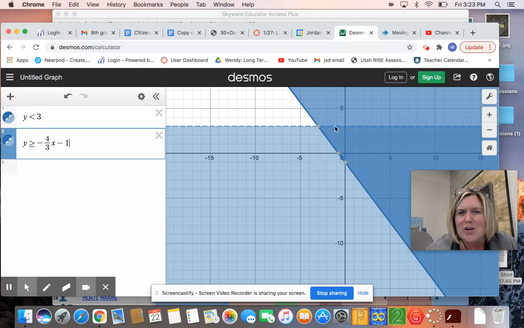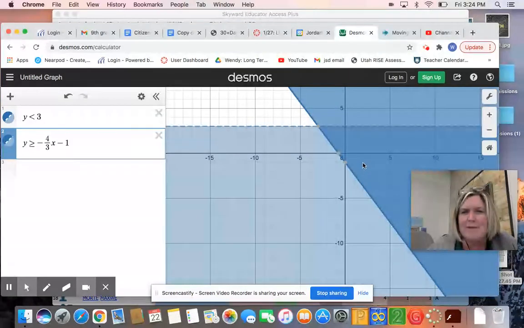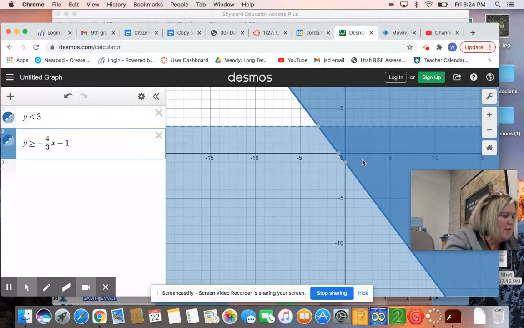That's on the dotted line, so that would be no, because it's not included in that. And then 2 and -1. Yep, it's in that dark blue area, so circle that one. And then 4 and 3, which is also on that dotted line, which means that does not include it. Okay, so the only one is 2 and -1.